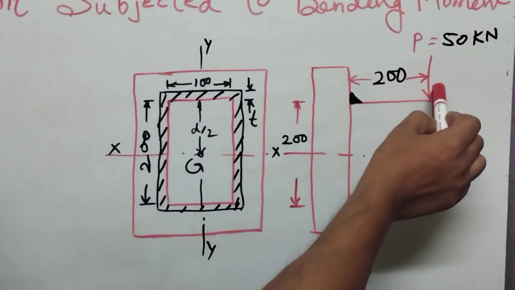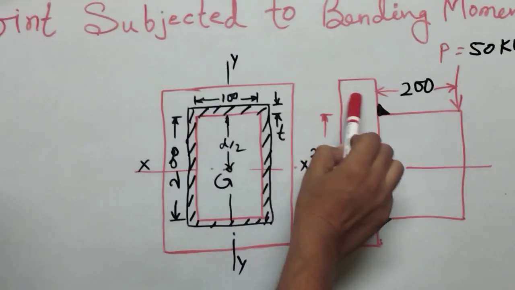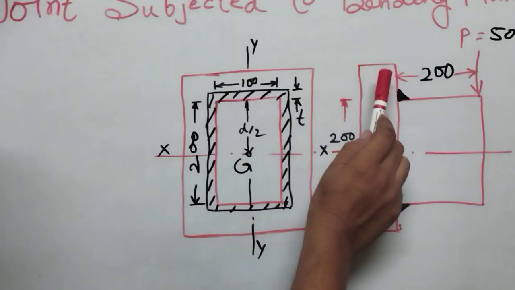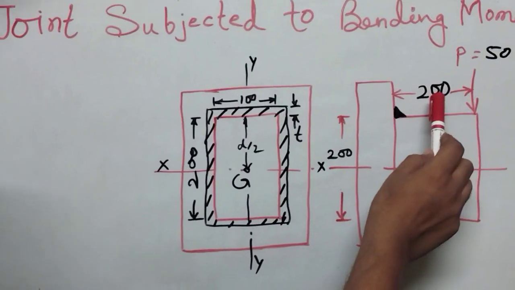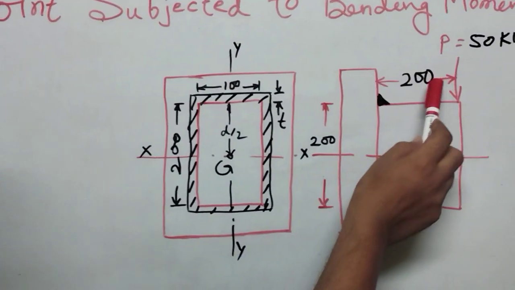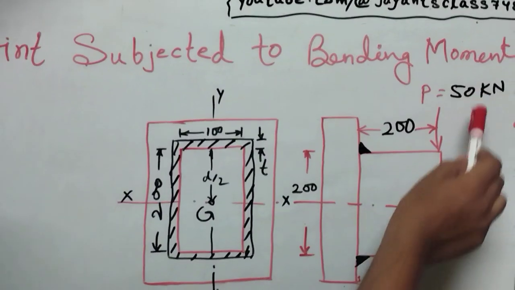The load is applied at the cantilever with an eccentricity of 200 millimeter, and the load applied is 50 kilonewton.